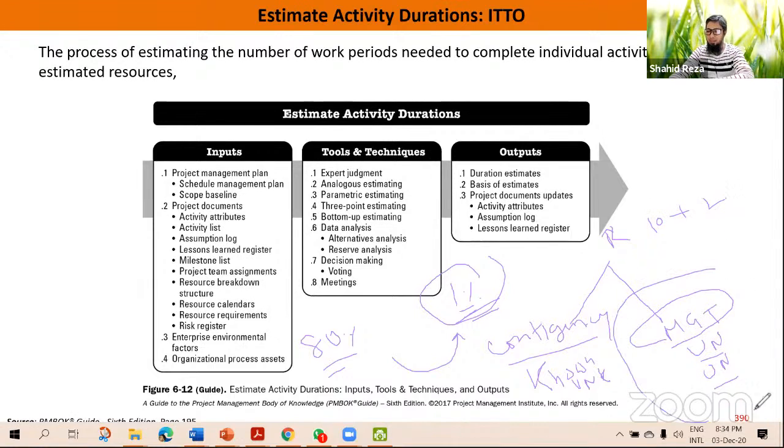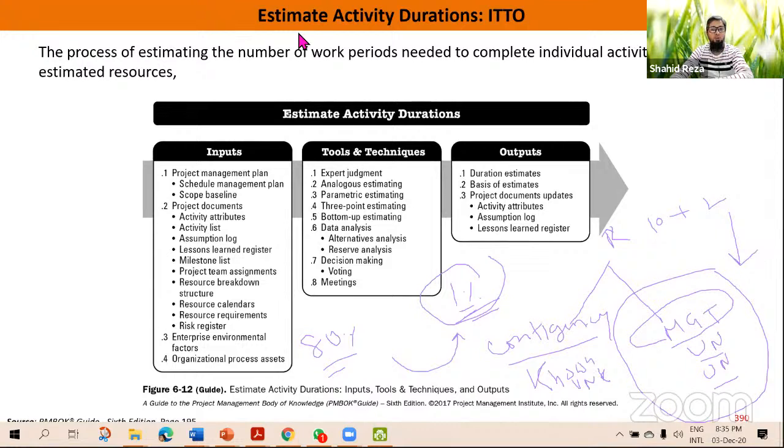And management reserve is for unknown situations that we cannot see beforehand. If required, this reserve will be given by the management. It is not you who estimate it; it will be estimated and given by your top management.